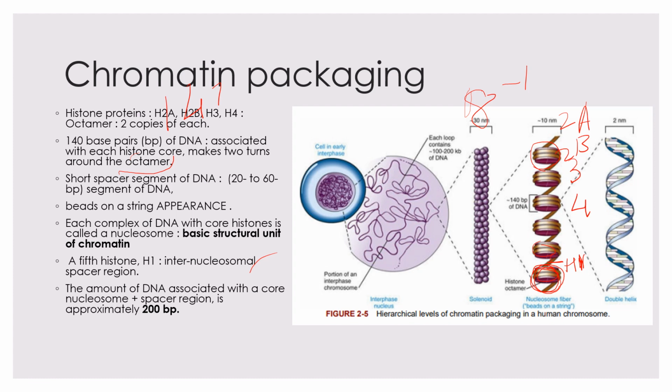This nucleosome fiber further coils up, it piles up, but in a concentric way. You can see it's something like this. It coils up on top of one another. When it coils up, it gives us a structure called the solenoid.